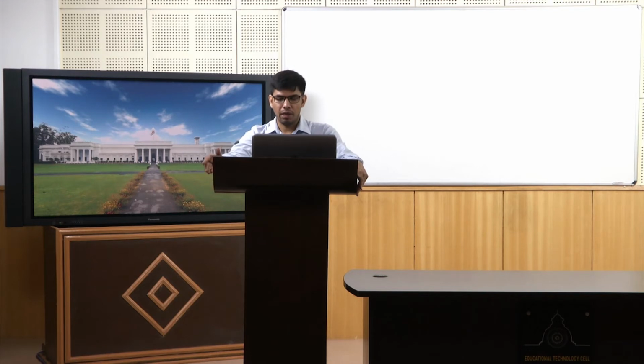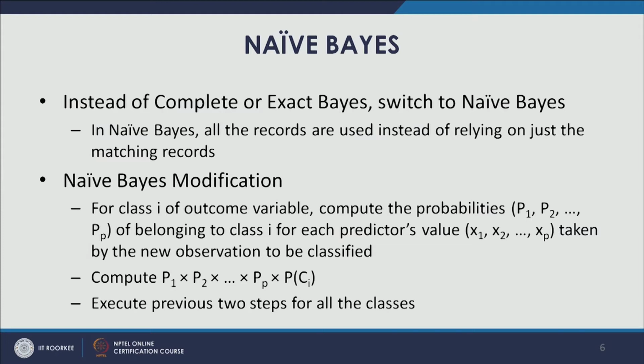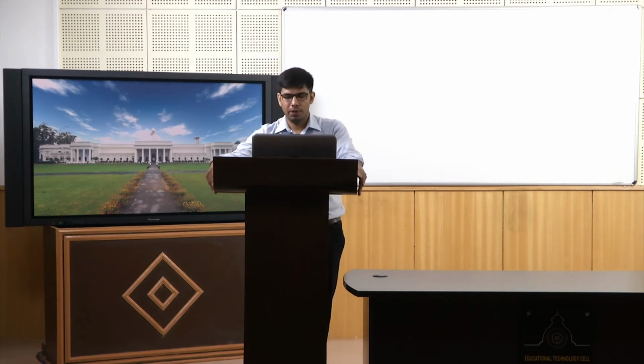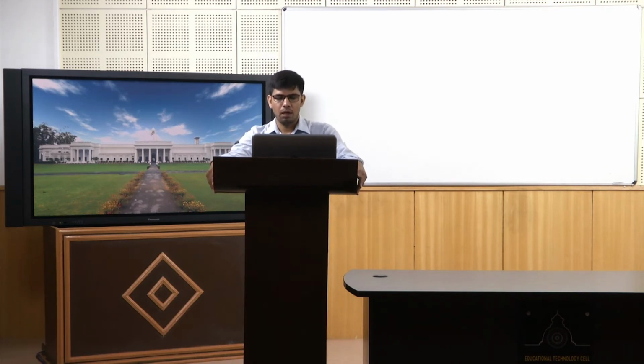For the second predictor x2 as well there are going to be different classes, and one of those would be taken by this new observation, and for that particular value we will try to find out the probability of that value belonging to class i. In this fashion, for each of the predictor values x1, x2 to xp, we will compute the probability of these values belonging to class i.